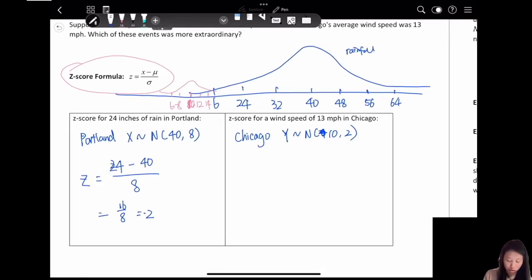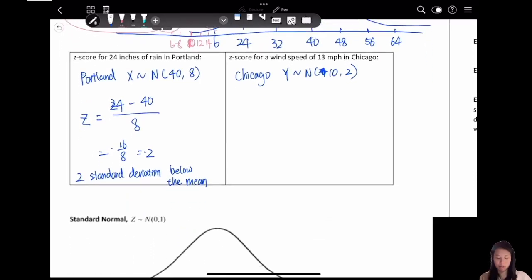I'm sorry, not just 2, negative 2. So this means Z is 2 standard deviations below the mean. So negative means below, which means it goes to the left.